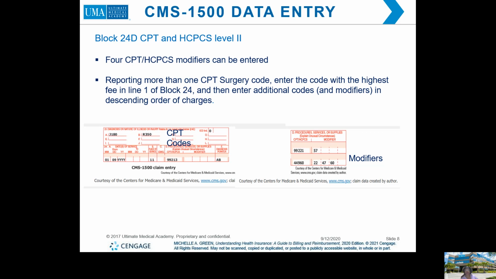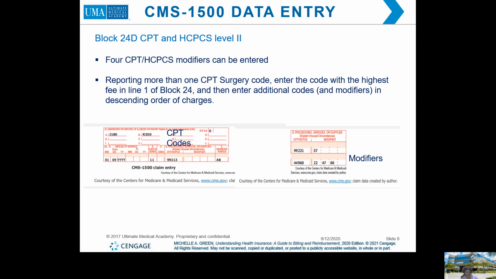And therefore, all along the line, information is important because it's going to affect our claims and that's going to affect the bottom line, which is getting reimbursed for the services that the provider has rendered to our patients.